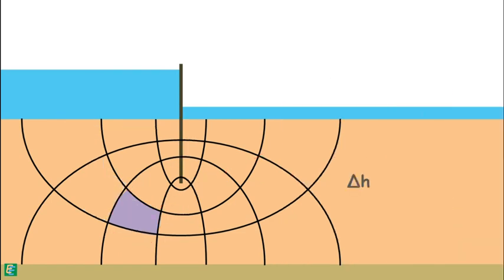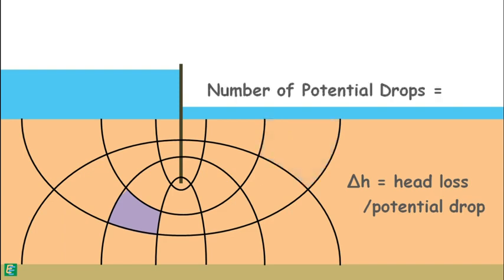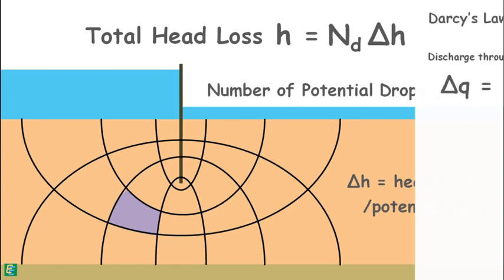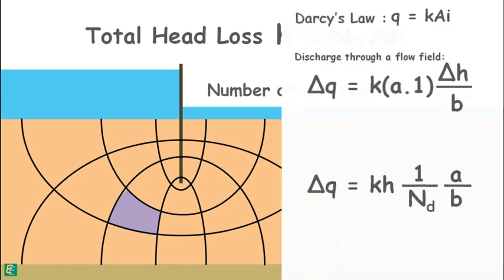Now, delta H is the head loss through this flow field, or we can say drop of head or potential drop through this field is delta H. And let's say there are number of such drops, potential drops is ND. Then total potential drop or head loss through this whole flow channel is ND times delta H. Let's substitute this in equation to find the discharge through one flow channel.